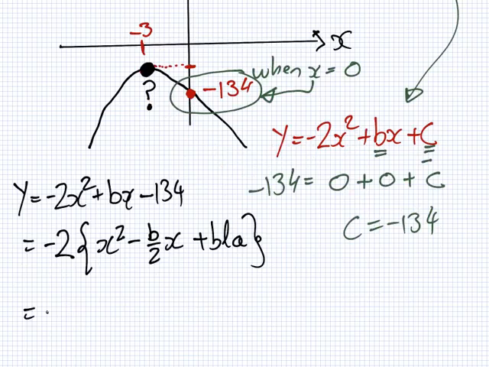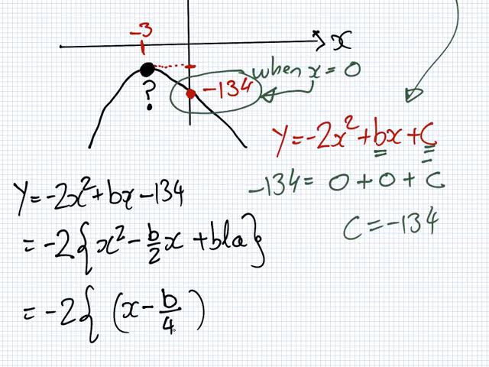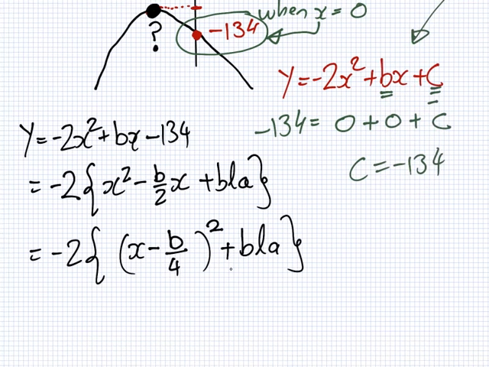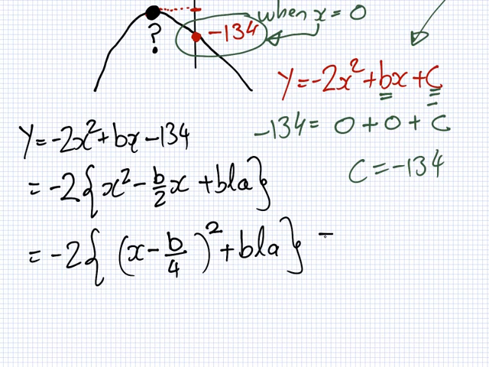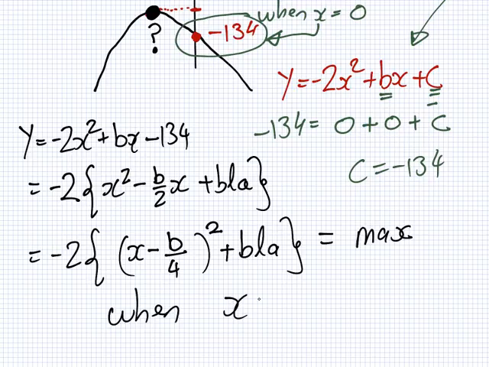This equals minus 2. Okay, now what do I have here? x minus b over 4 squared plus blah blah blah. This should equal something maximum when x equals b over 4.